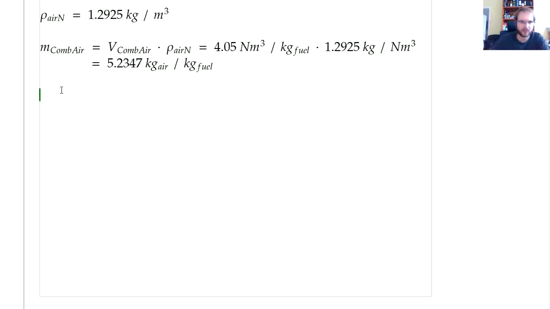So this is the combustion air, but we want the entire amount of the flue gas.